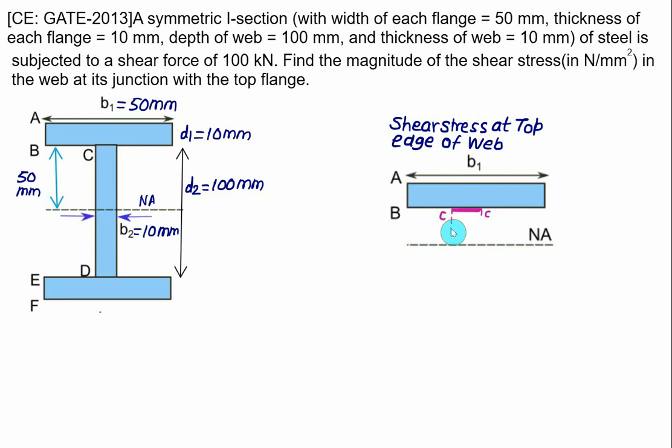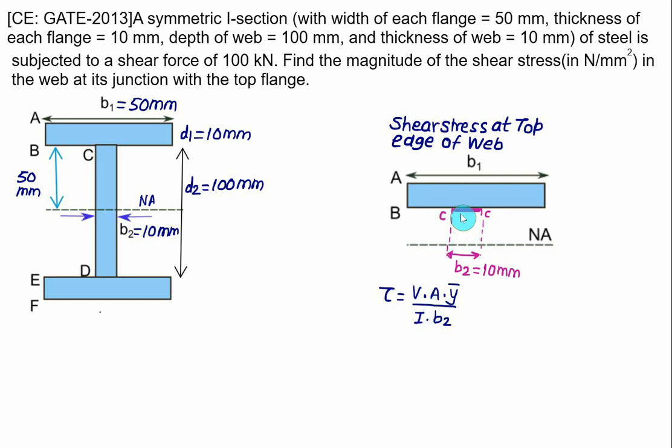At this corresponding point, we have width of the section CC equal to B, and this B is the same as B2, and we have B2 equal to 10 mm. The shear stress is calculated as V multiplied by area multiplied by Y bar, divided by I, divided by width B. Out of that, width is equal to B2.